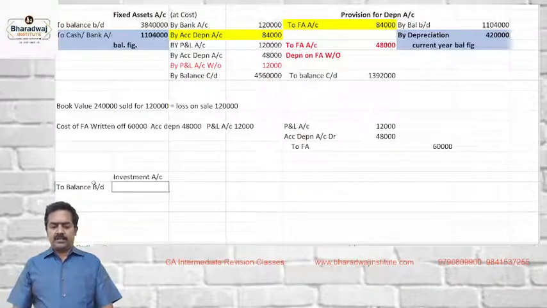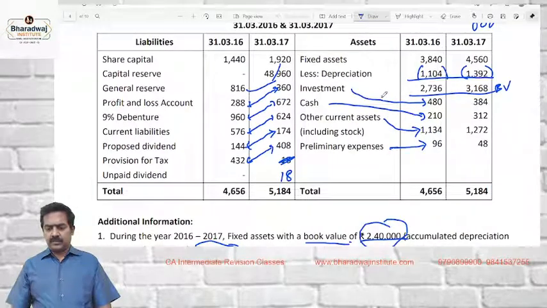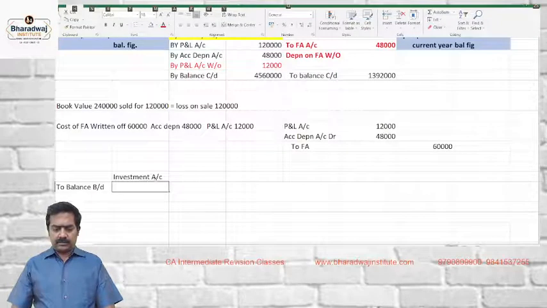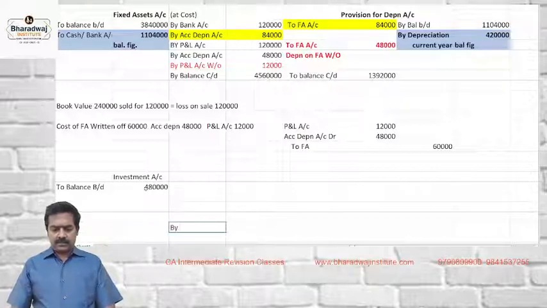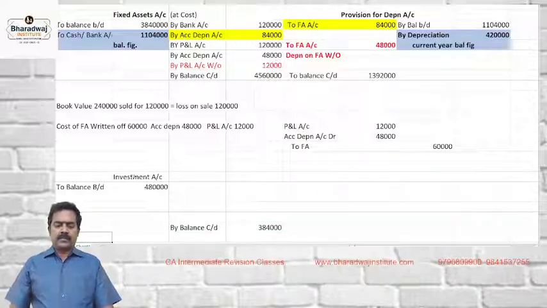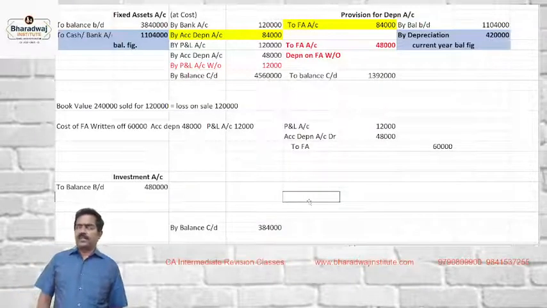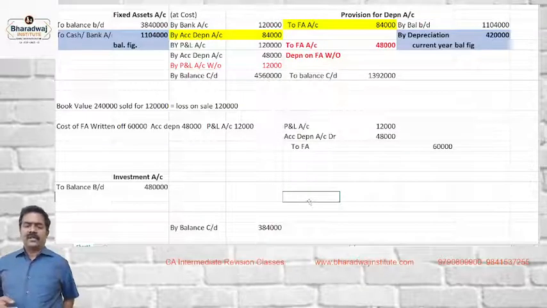What is investment balance brought down? 480 and 384. Try to find out the purchase of investment, let us see. Purchase or sale, whatever it is, try to find out.